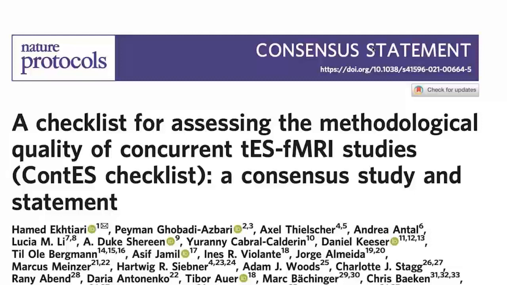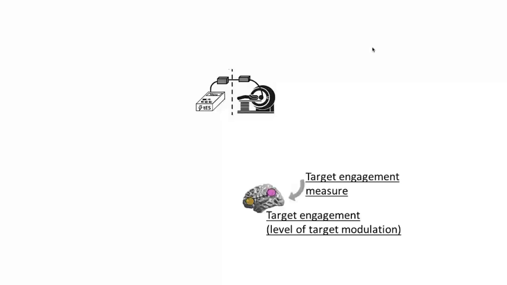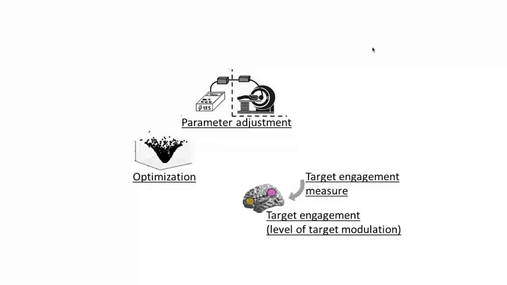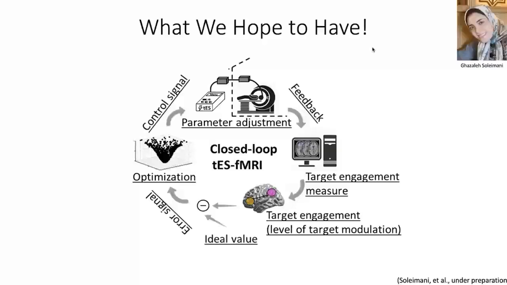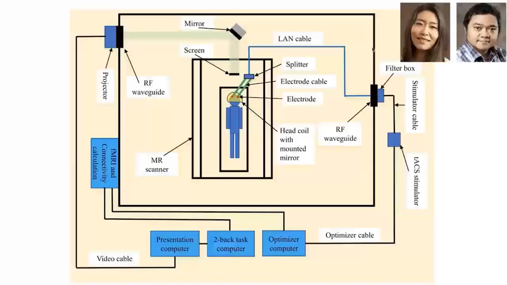So we have been able to put together another consortium of people who are doing electrical stimulation inside the scanner. And that is helpful to be able to basically have what we call closed loop tES-fMRI. So we can put people inside the scanner, we can define a target, and we can try to optimize the stimulation parameters to be able to target a specific network that we are interested in.